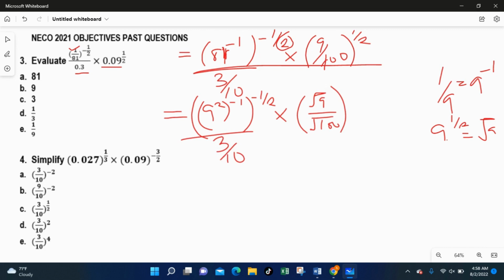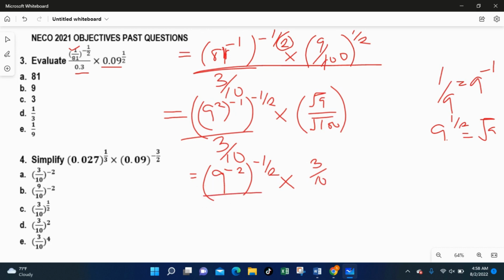If we simplify further, we are going to have this other one to be 9 raised to power minus 2, multiplied by minus 1 over 2, times the square root of 9, which gives us 3, over the square root of 100, which gives us 10.